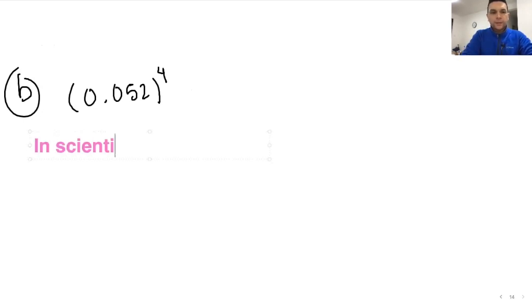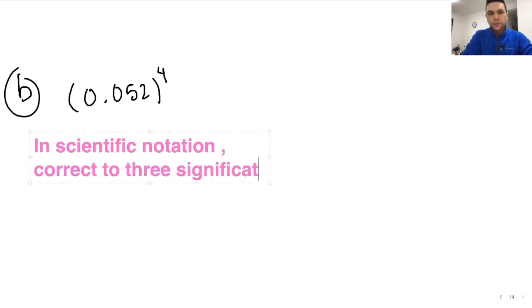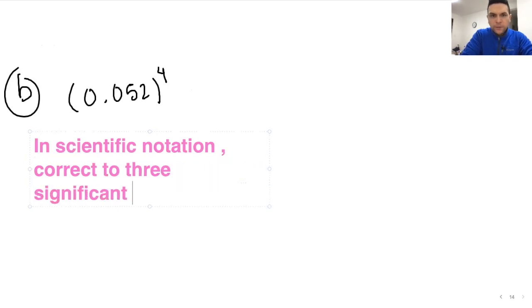In scientific notation, correct to 3 significant figures. So what you want to do is you want to first multiply this out with your calculator. So 0.052 to the 4th power, and we get a very small number.